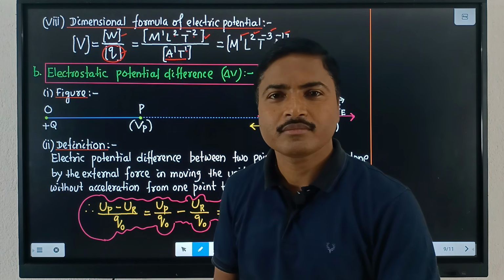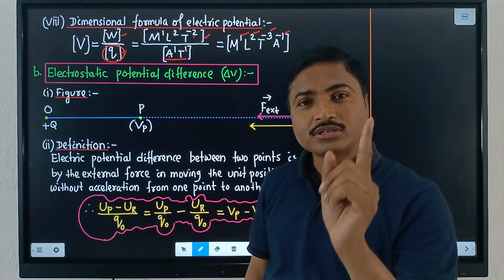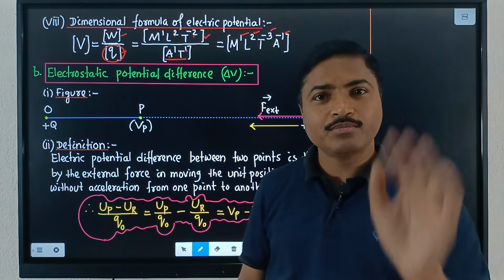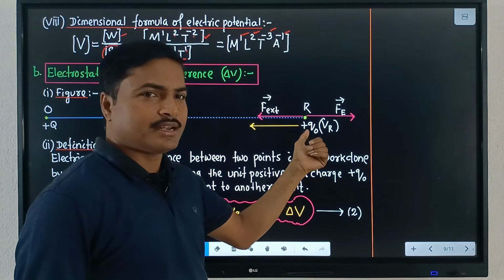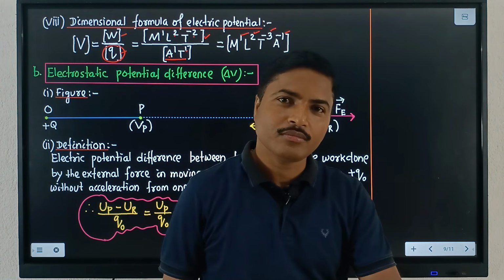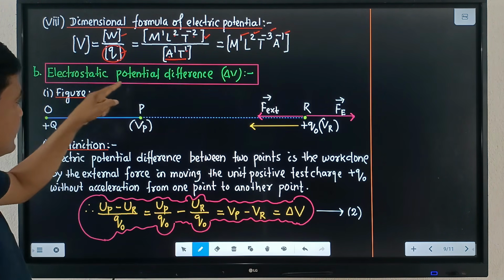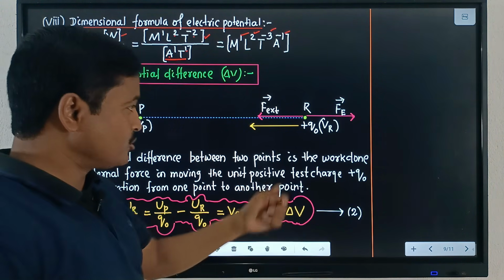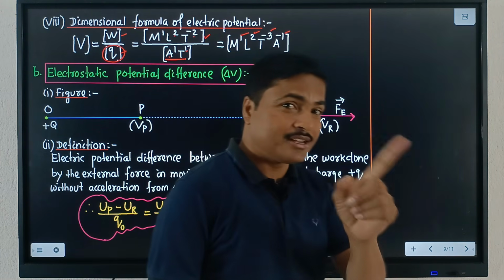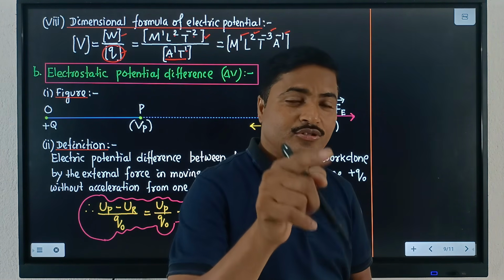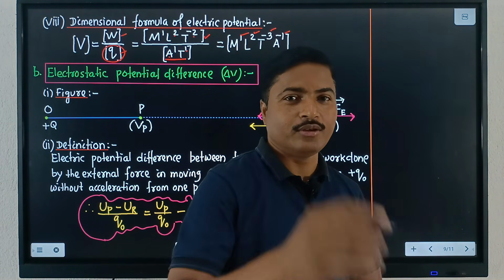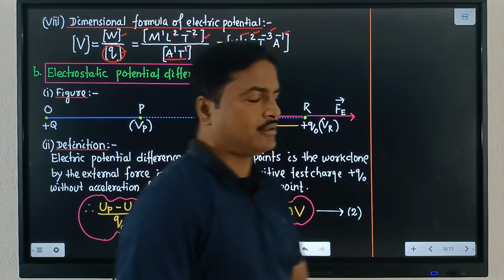What is that? In case of electrostatic potential energy difference, we take a test charge whose magnitude is Q, but in case of electrostatic potential difference, here also we take a test charge, but its magnitude is not Q, its magnitude is only 1 unit. Only that is the difference.